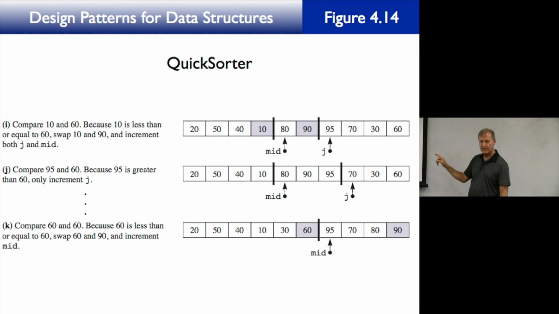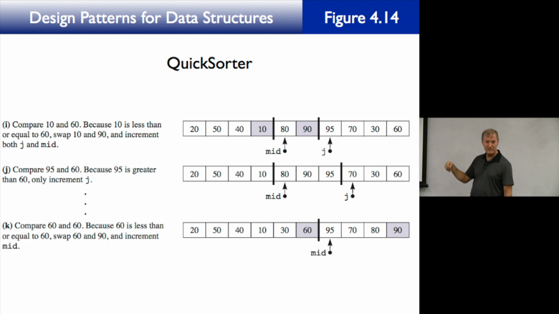Because what did we say always happened at the end? The last value gets compared with itself, and then it gets swapped with mid. So what would happen in the extremely unlikely, but Murphy's Law, if anything can go wrong, it will, event that the last one was the largest value?